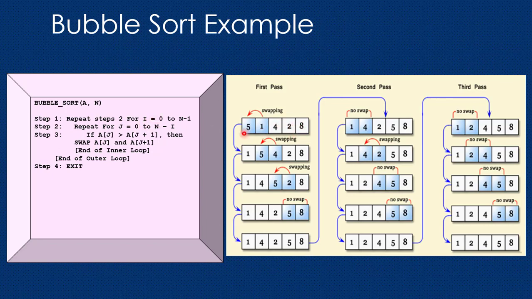For I equals 1, the inner loop again starts from j equals 0, and it again compares these two, j and j plus 1. So 1 and 4 are compared. Since 1 is less than 4, there is no swap. In the next iteration, 4 and 2 are compared. Since 4 is greater than 2, there will be a swap.